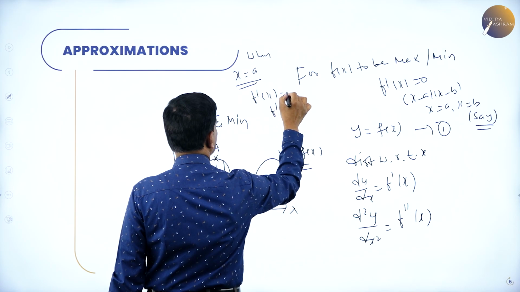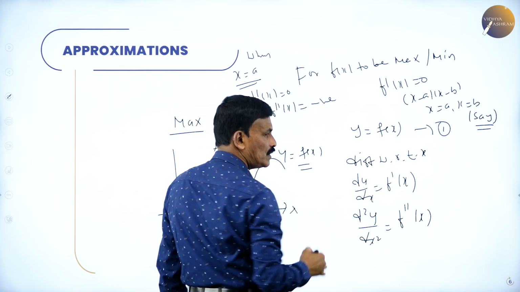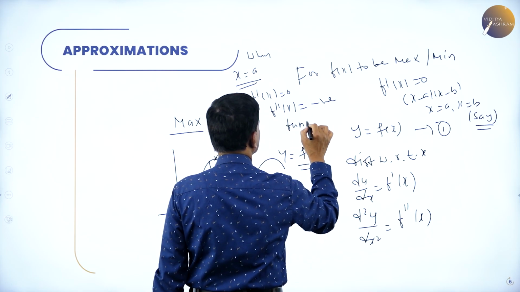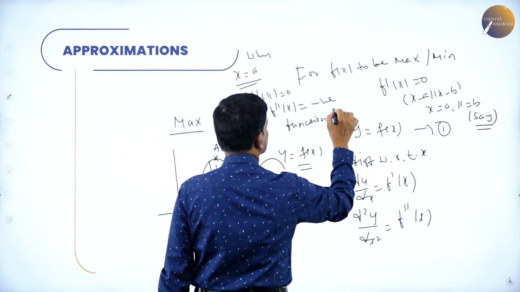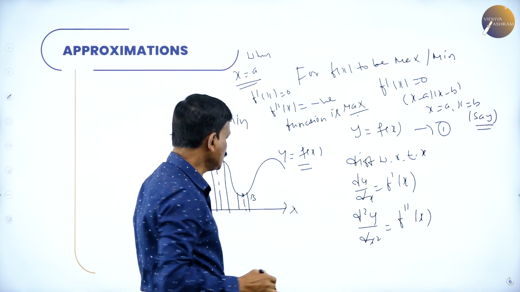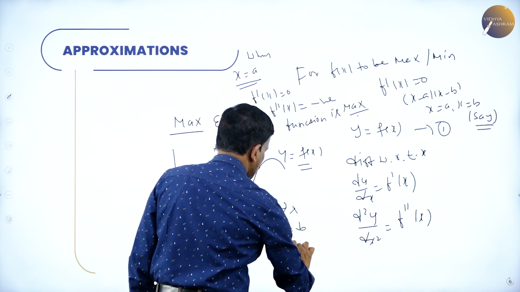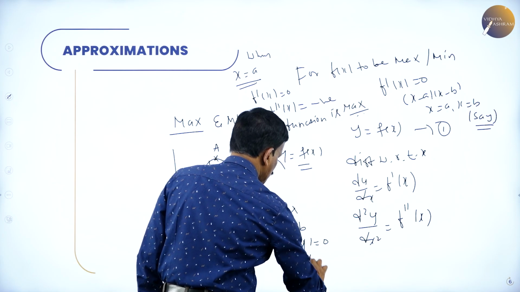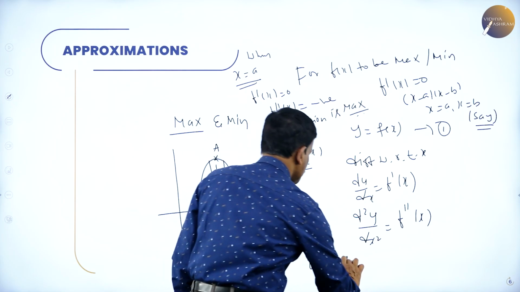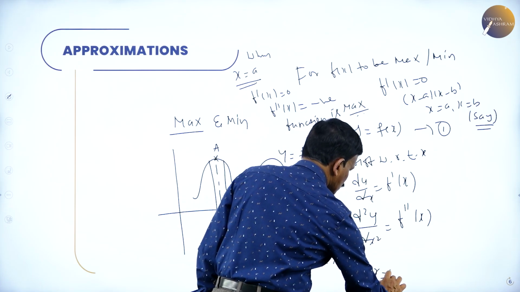If f double dash x is negative, the function is maximum at x is equal to a. Similarly, at x is equal to b, f dash x is equal to 0, whereas if f double dash x is positive, then the function is minimum at x is equal to b.